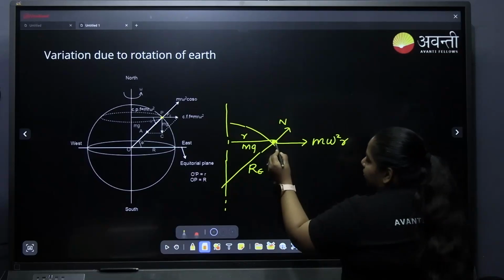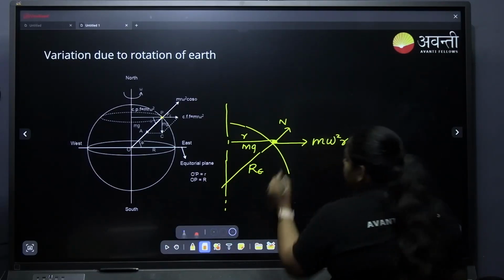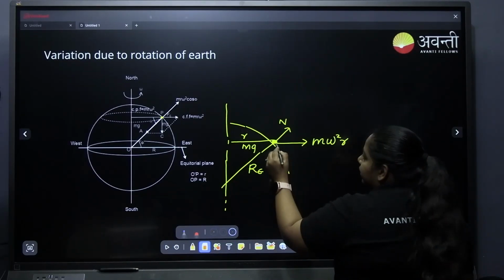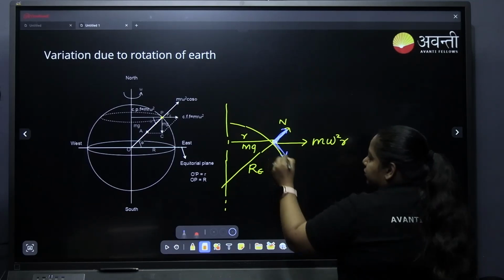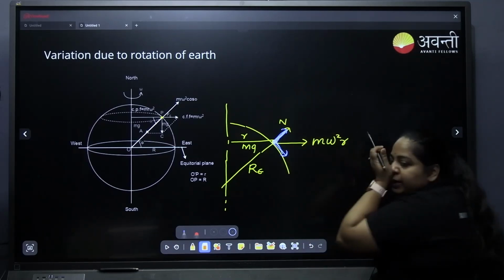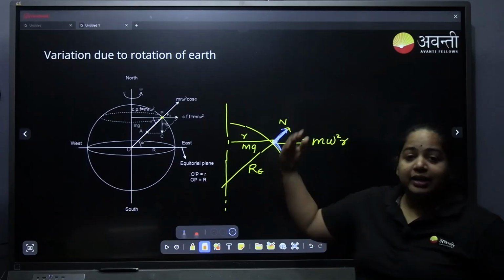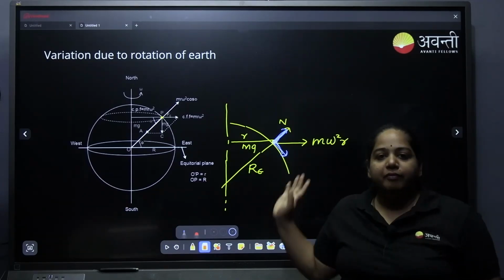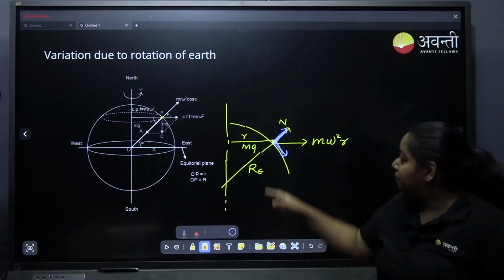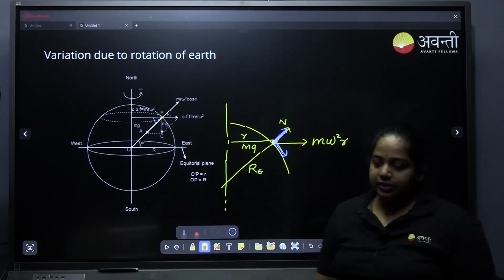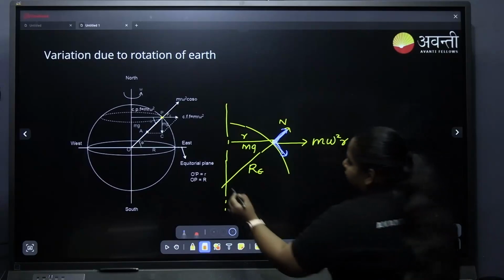Now it will have components, perpendicular and parallel, that is, tangential to the surface of earth and perpendicular to the surface of earth. The tangential component will not change our weight or the value of g, but the perpendicular component will change it. How to find that perpendicular component?